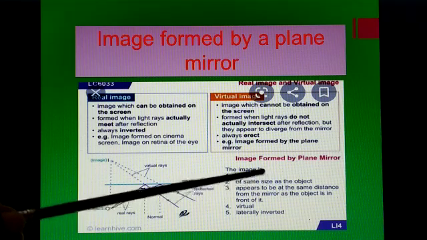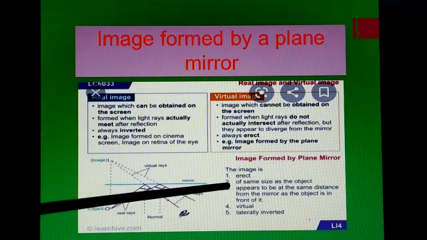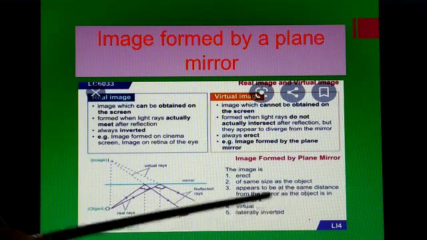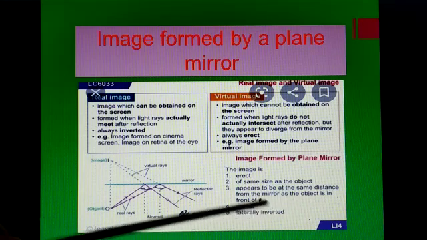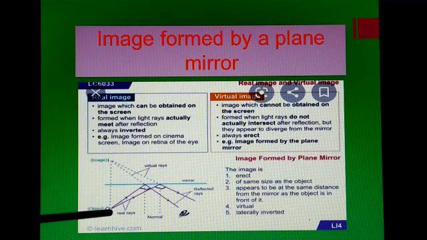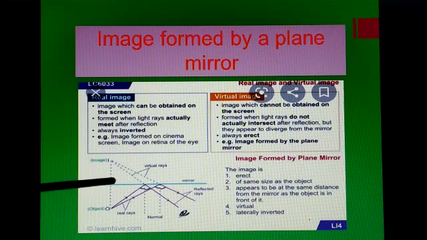Size will be the same as the object, there is no change. Then the image appears to be at the same distance from the mirror as the object is in front of it. See here, this is the position of the object and this is the position of the image. As much in front of the mirror, that much the image forms behind the mirror. This line shows the mirror. So the distance of the object is equal to the distance of the image.